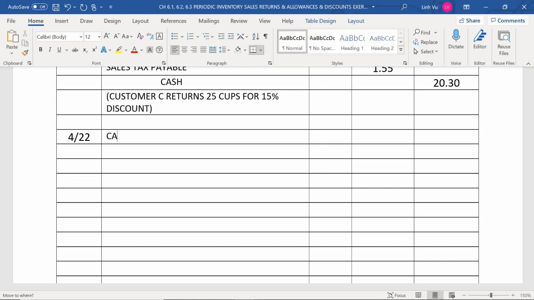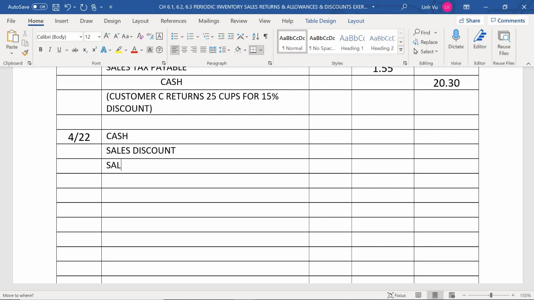Cash. I should be receiving cash. And because this was on accounts receivable, since they met the discount, I have to record that I'm not going to get all the money. I have to do a sales discount. What else do I need to also give back?